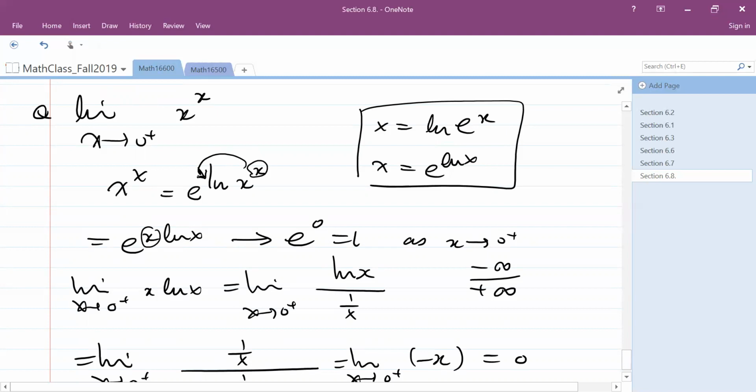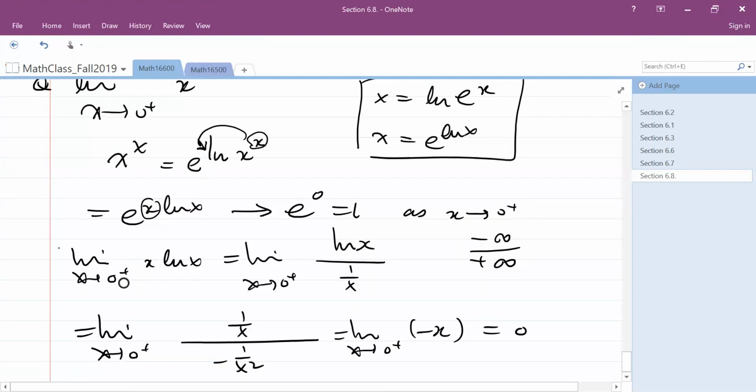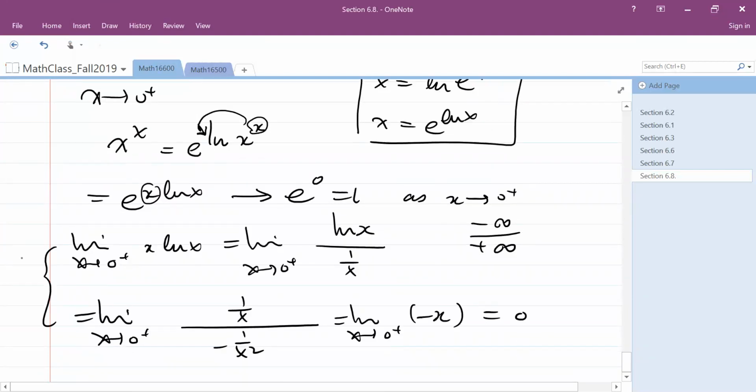So I look at this limit, I apply L'Hopital's rule to this, and I get the limit 0. Then I go back and say, hey, this is the power of the e equal to 0. So this supports this conclusion.